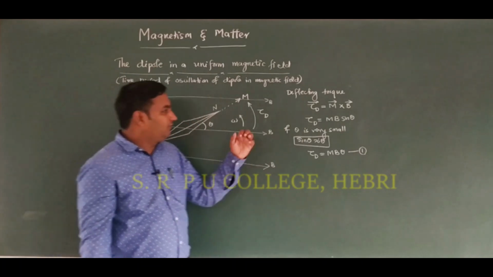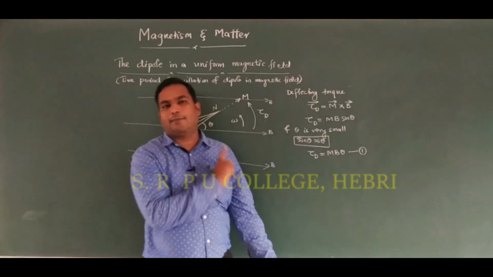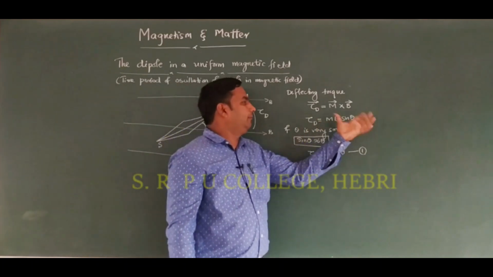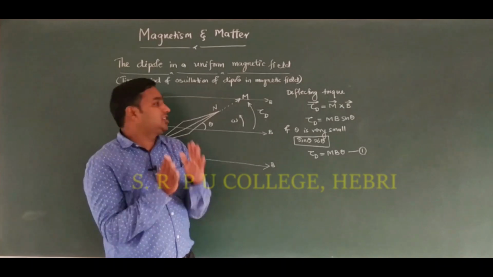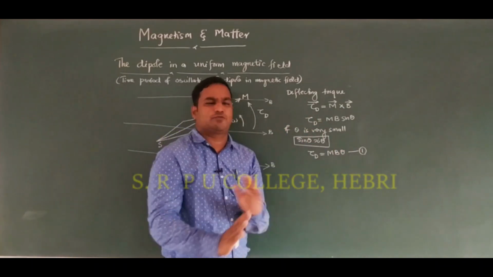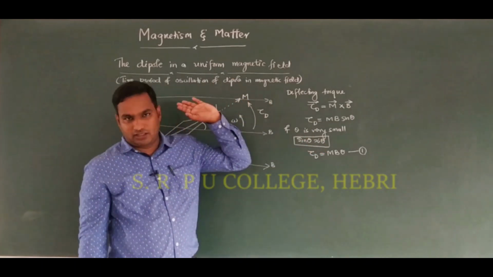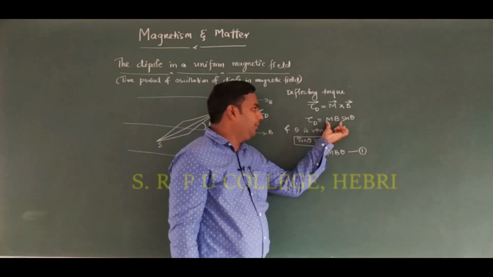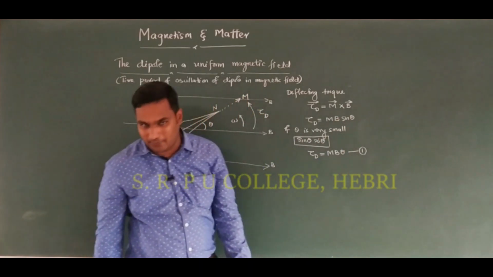The deflecting torque we can write as mB sin theta into n cap, where n cap has value 1. Taking the magnitude, tau d is equal to mB sin theta. If theta, the angle swept by the magnetic needle, is very small, then sin theta is approximately equal to theta. Again we get tau d is equal to mB theta. I assume it as equation number 1.